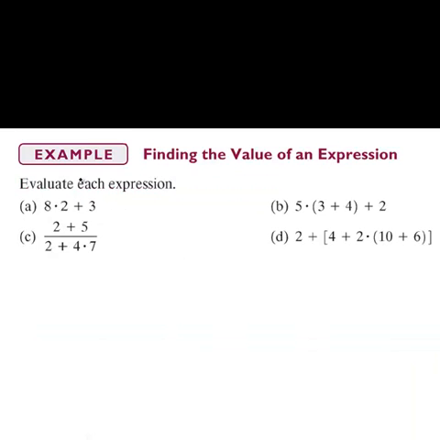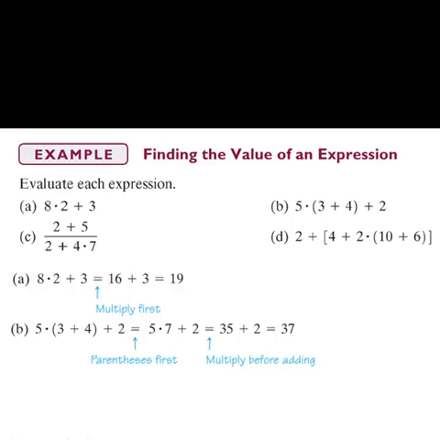All right, so here we've got some more examples. 8 times 2 plus 3. Well, you do your 8 times 2 first to get 16, plus 3 is 19. Here we've got 5 times (3 plus 4) plus 2. Well, you'll do the 3 plus 4 first within the parentheses. 3 plus 4 is 7.